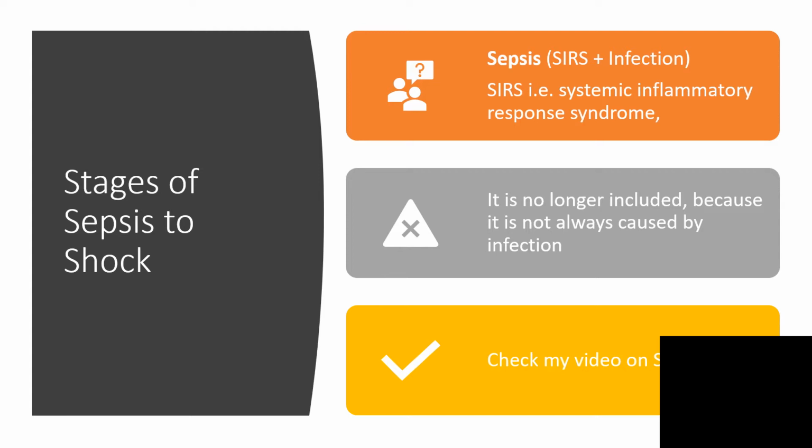I said that sepsis was in the past defined as systemic inflammatory response syndrome plus infection. I said that it is no longer used because SIRS is not always caused by infection. You can check sepsis 1 and 2 on my channel to find out.